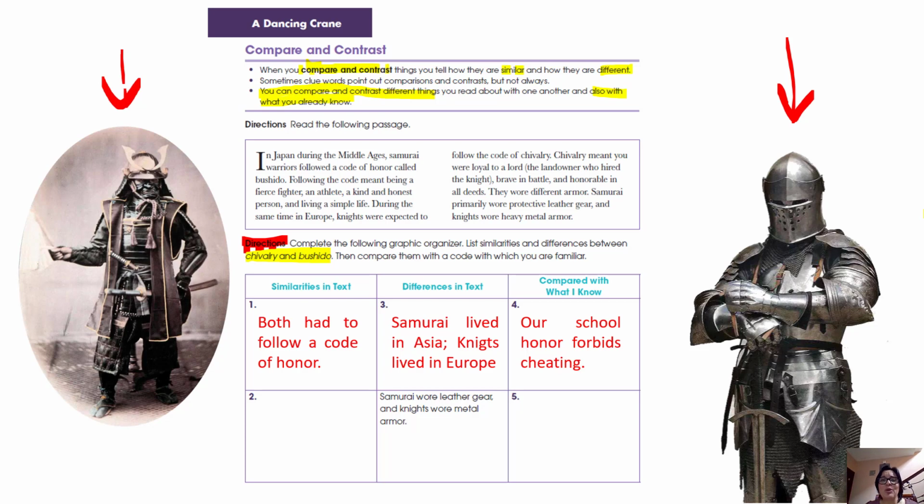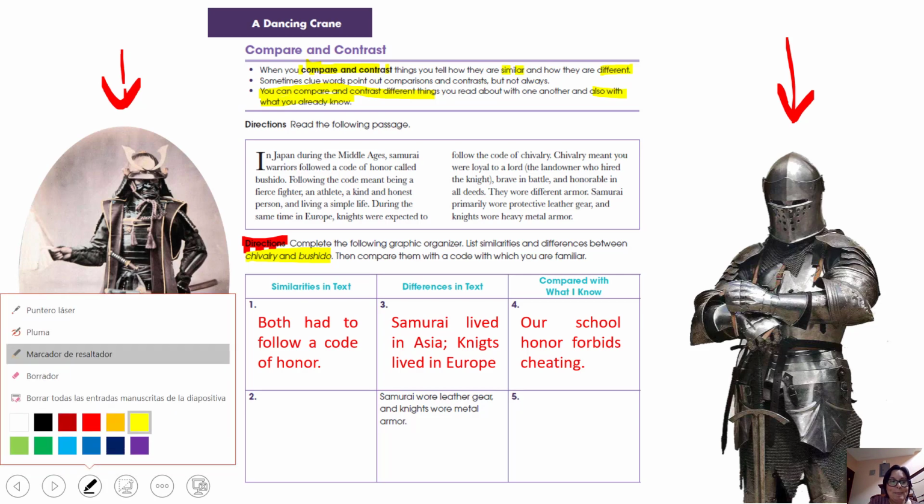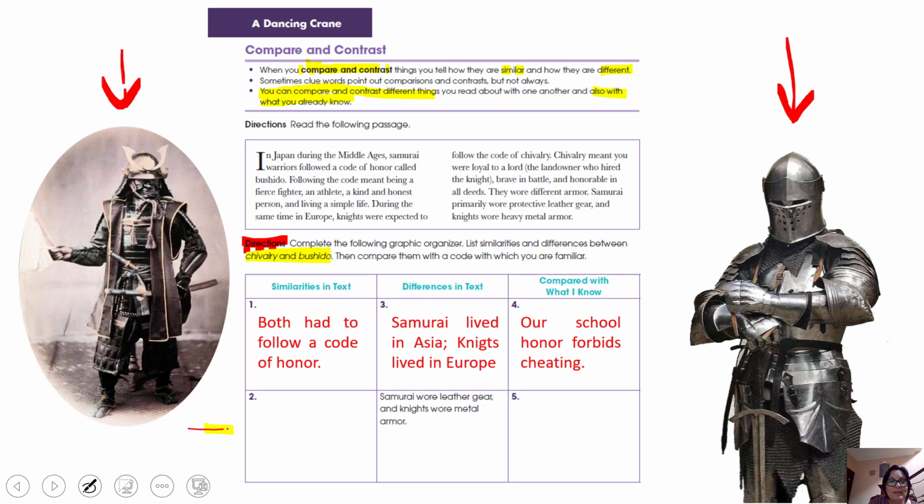Okay? So I already helped you with the first row. Now it's your turn, guys, to find another similarity in here. Think about samurais and knights. Read again if you need to read this passage and find another similarity, something that both of them have, and write it in here. You already have the difference. Look, this one is already done.